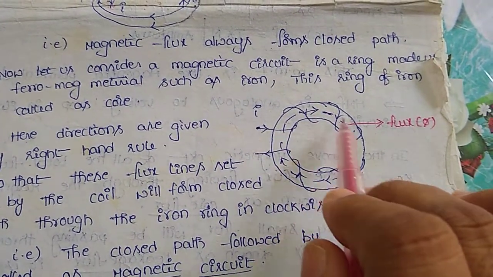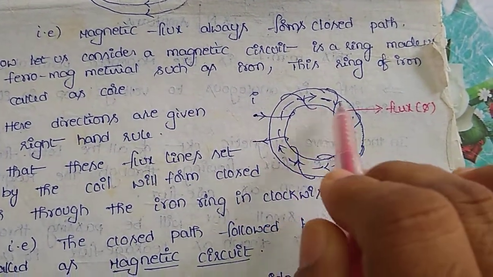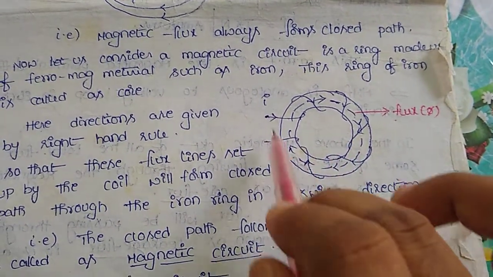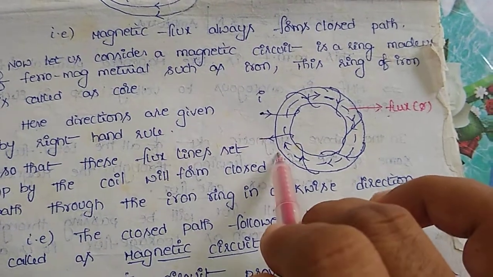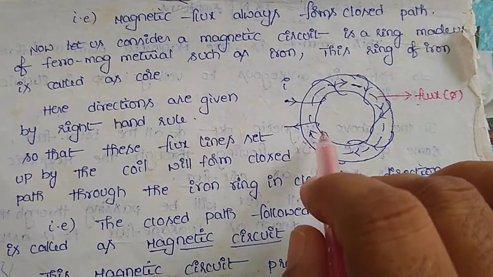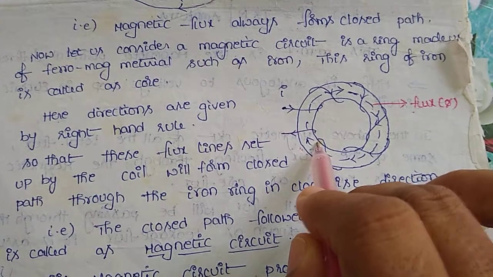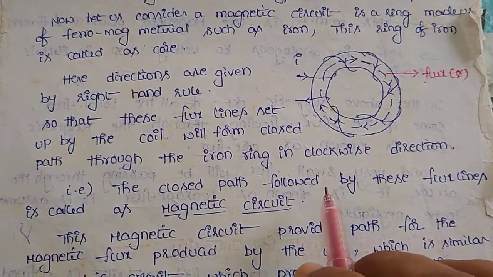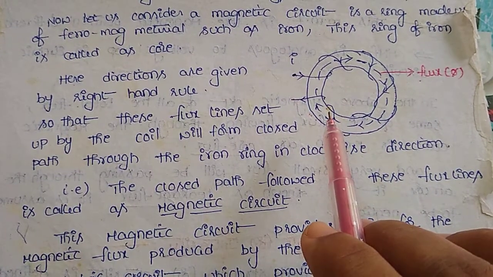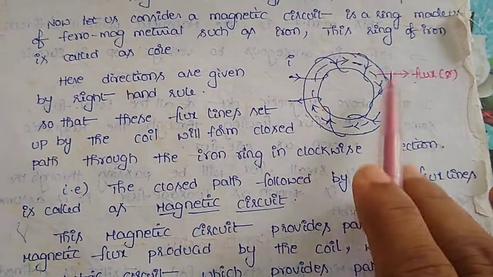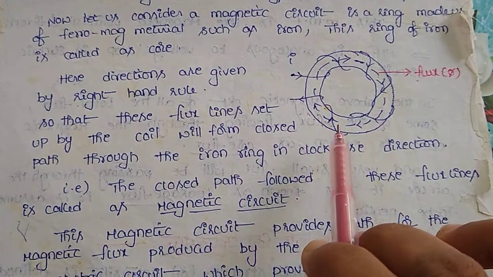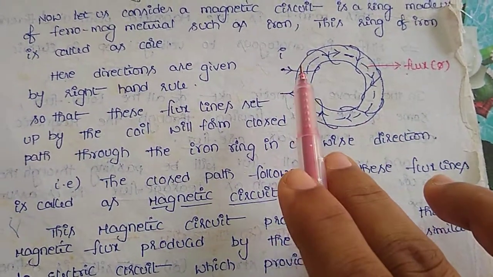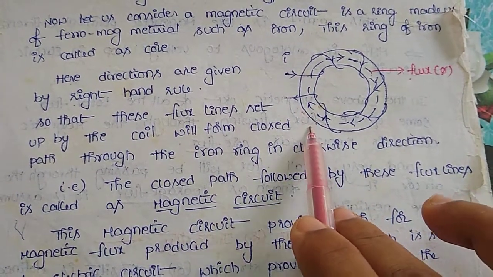The dotted line shows the direction of magnetic flux lines. So like this we have different shaped magnetic circuits. Now, a magnetic circuit is nothing but a closed path. A magnetic circuit is a magnetic piece which carries the magnetic flux lines. A magnetic circuit is a closed path which carries magnetic flux lines.